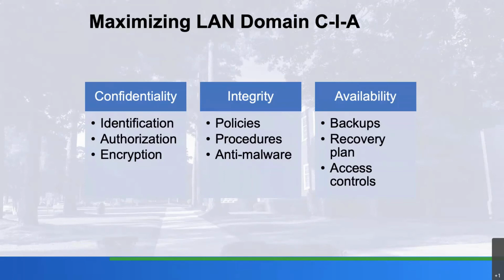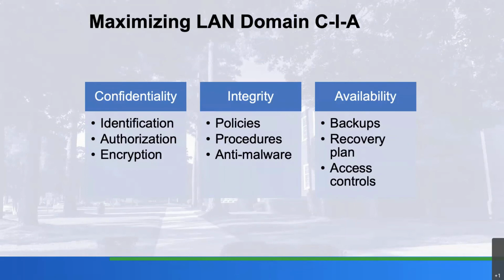Anti-malware, to make sure that we're not getting viruses on our network that are corrupting our operating systems and our data, and that people don't get in and change information they shouldn't be able to change. And then we have controls for availability. That would be backups, having predetermined recovery plans, and then again, access controls, who can get to the information.